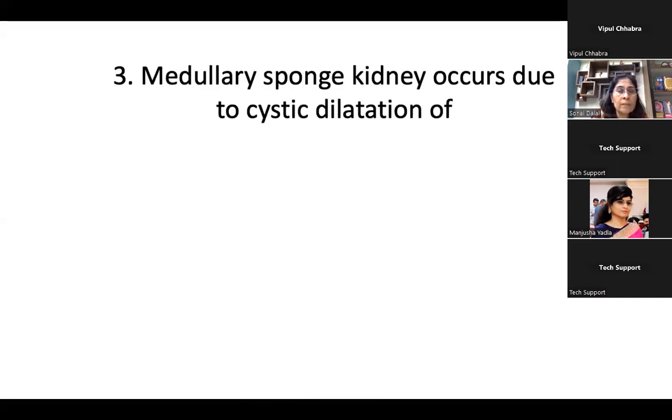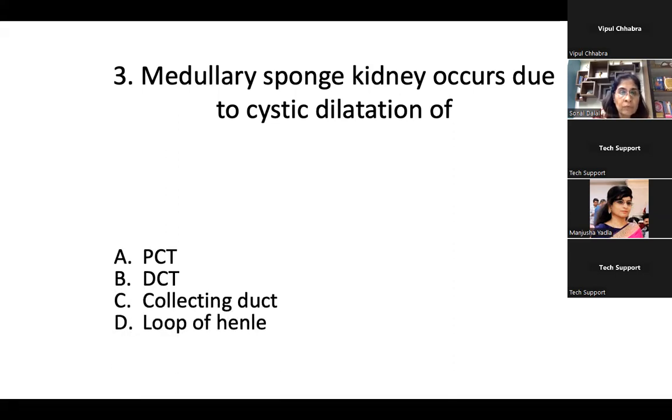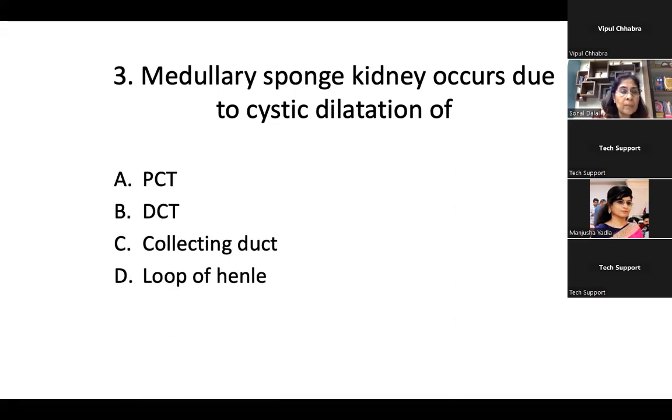Question 3. Medullary sponge kidney occurs due to cystic dilatation of option A, proximal collecting tubule; option B, distal collecting tubule; option C, collecting duct; and option D, loop of Henle.